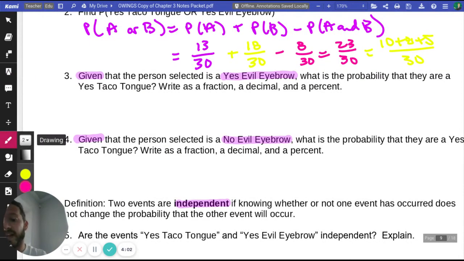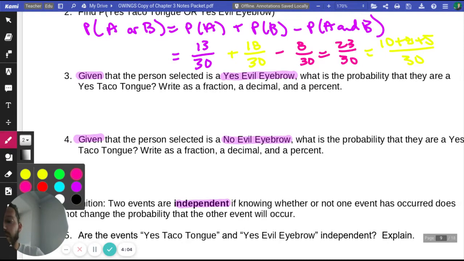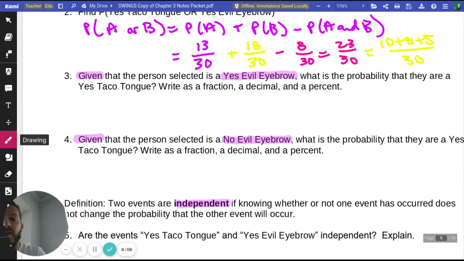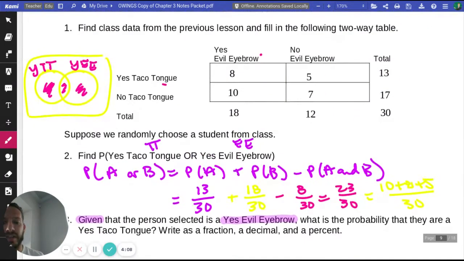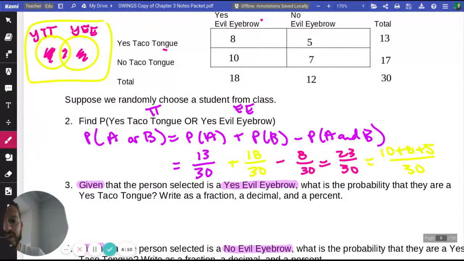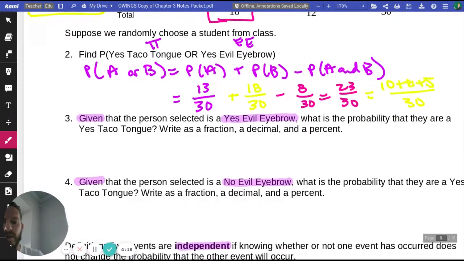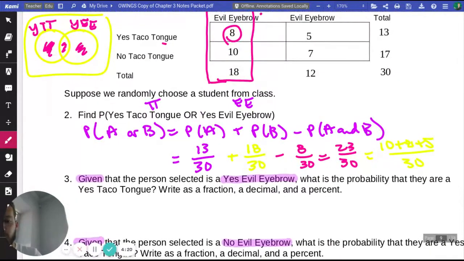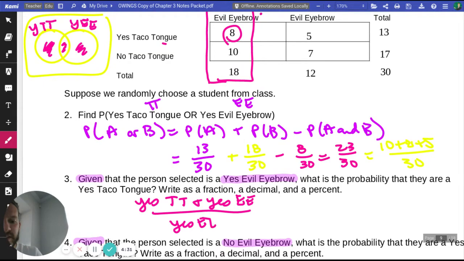So let's find out. We're going to start with, given the person can do evil eyebrow. So we're just looking at the people who can do evil eyebrow, those 18 people. What's the probability that they can do taco tongue? We're going to take the people who are yes, taco tongue, and yes, evil eyebrow, and divide that by just the people who are yes, evil eyebrow.